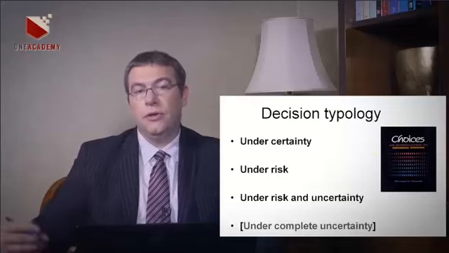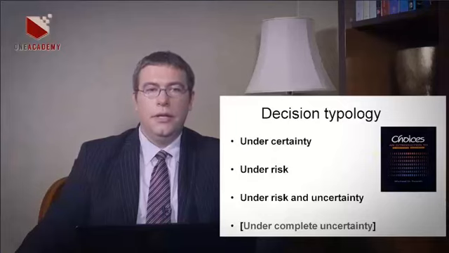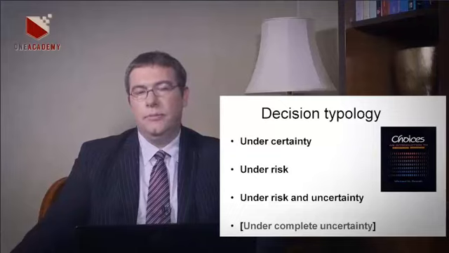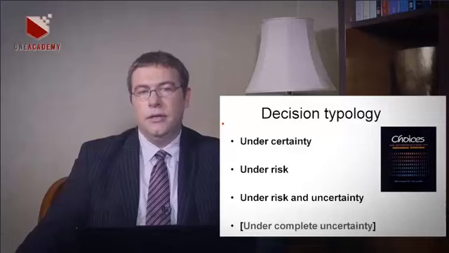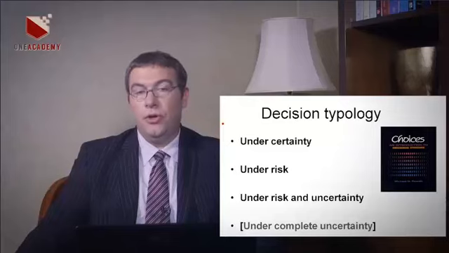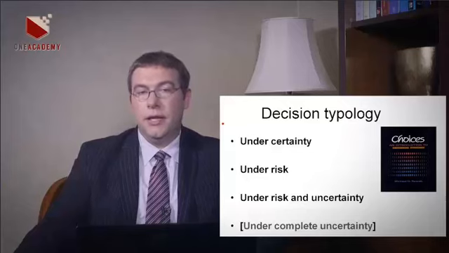According to the theory, there are basically 4 different cases of decision-making information: under certainty, under risk, under uncertainty, and under complete uncertainty. I'm not going to explain the case under complete uncertainty because it is a topic for another class, but I'm going to explain the other 3 right now.